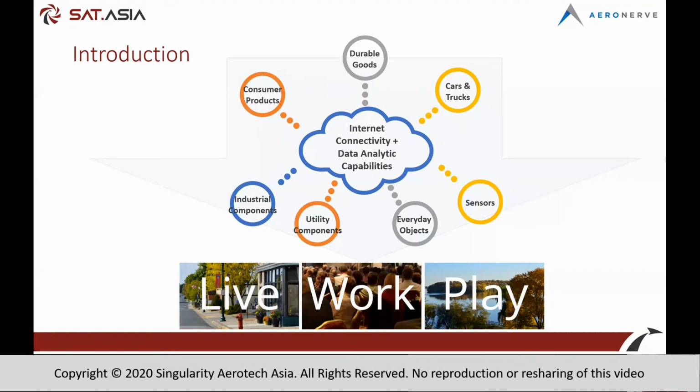All these you can now connect, and together with data analytic capabilities and predictive analysis, for example, we will be able to extract a lot of value and get more from the system that you have. And whether we realize it or not, this is already transforming the way we live, the way we work, and the way we play.